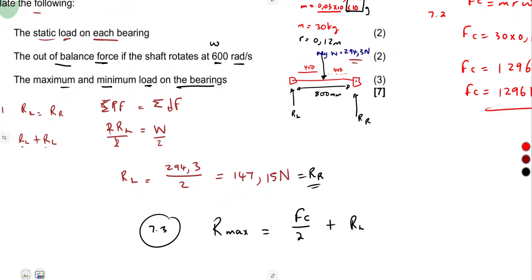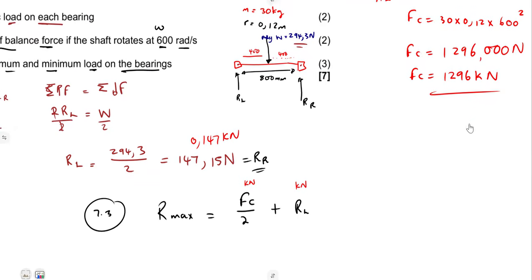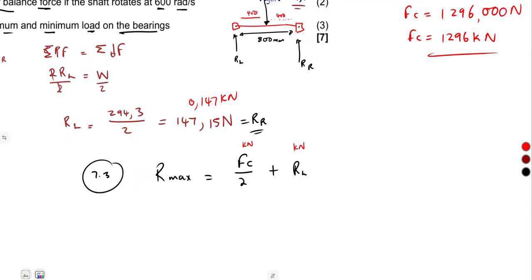Since our FC, our centrifugal force, is in kilonewton, let us also convert this one to kilonewton. Converting this to kilonewton, that's going to be divided by 1000. So it's going to be 0.147 kilonewton. So you're going to just use kilonewton and kilonewton. You see there, that's why I was saying that value is wrong. You're not supposed to go through such for proper values.